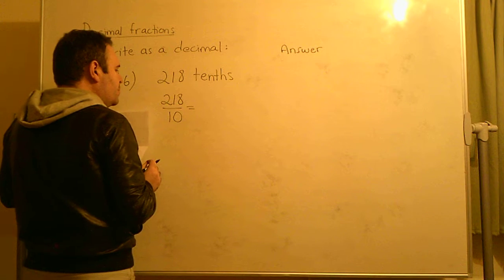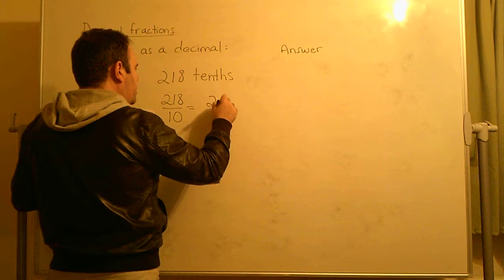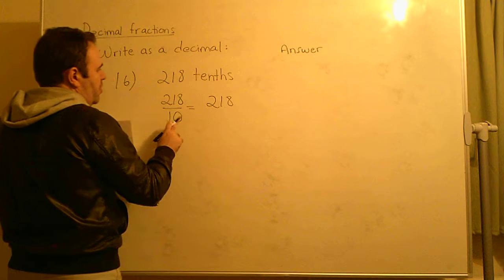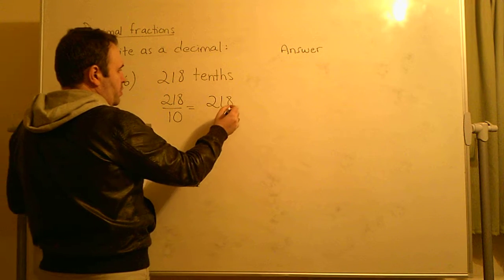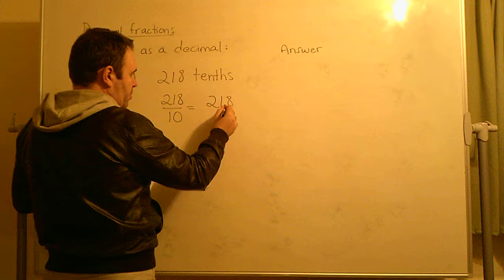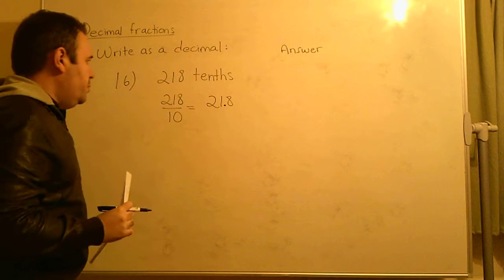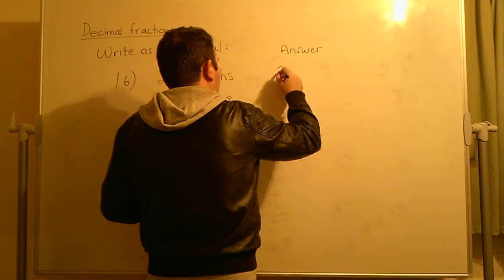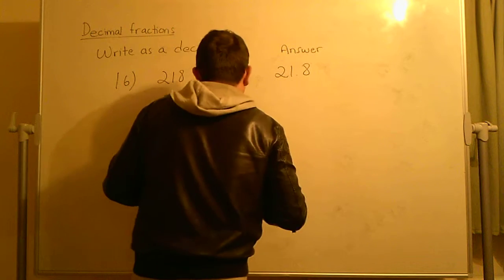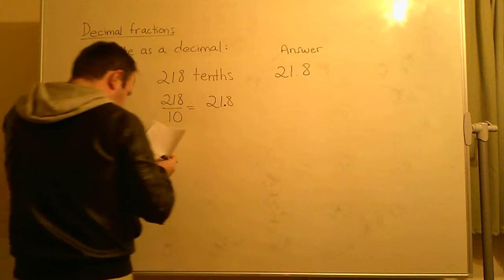Okay? So we write down 218, and then how many zeros do we have? 1. So how many places do we need to move the point to the left? 1. So it will be 21.8, yeah?